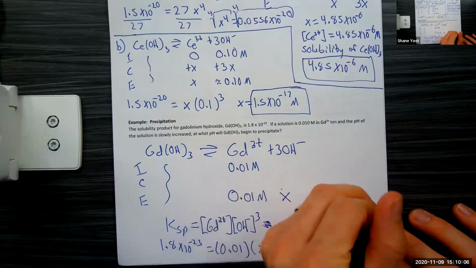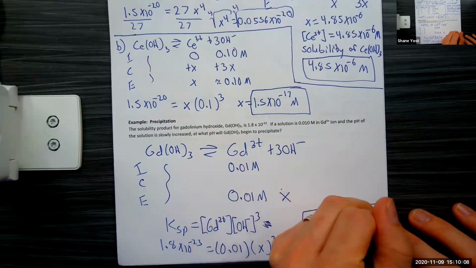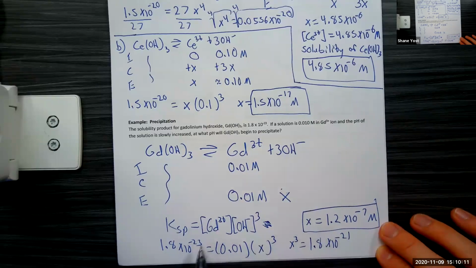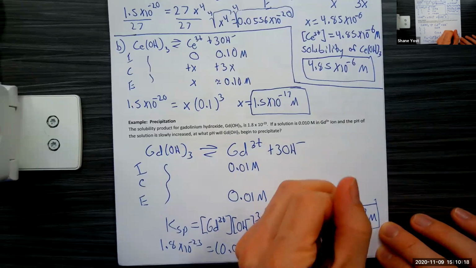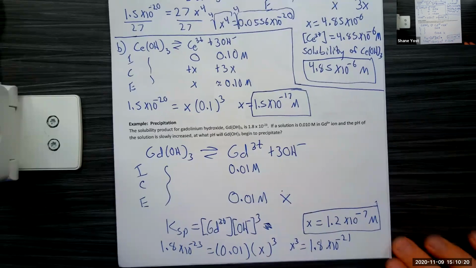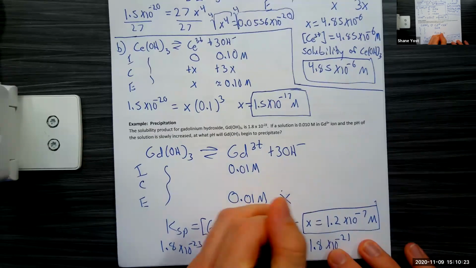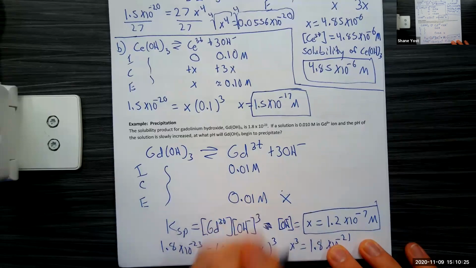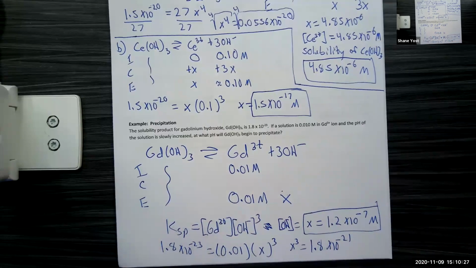So that is the concentration of OH minus at equilibrium. This 1.2 times 10 to the minus 7 molar is the concentration of OH minus that gets me to equilibrium. Any concentration greater than that means I'm going to start forming solid.